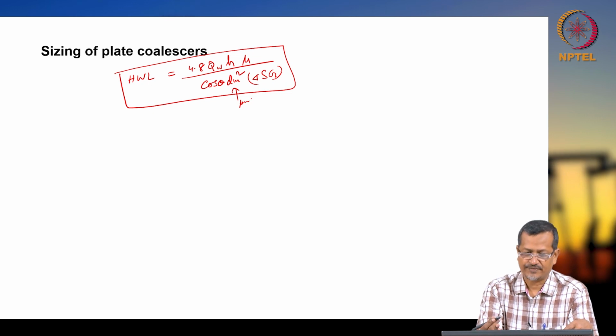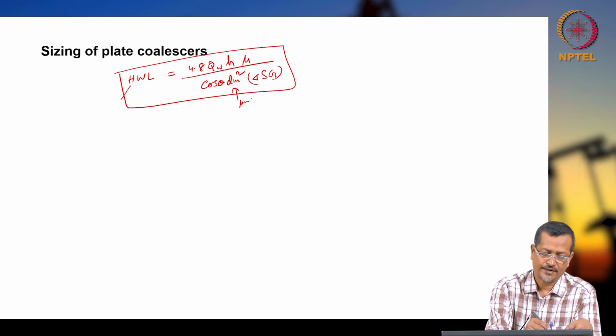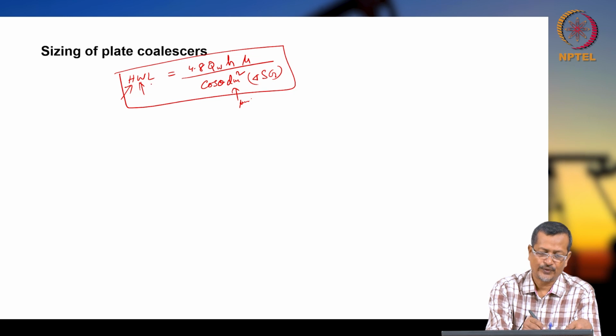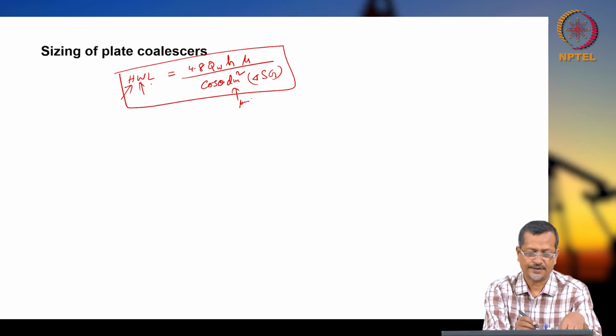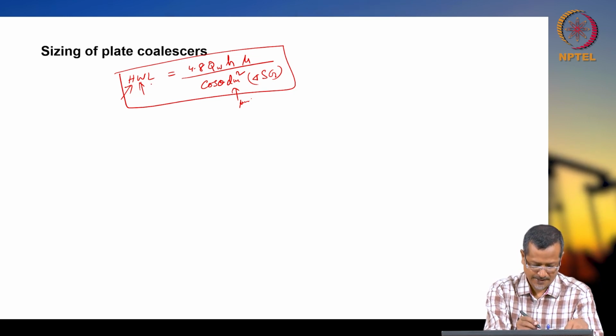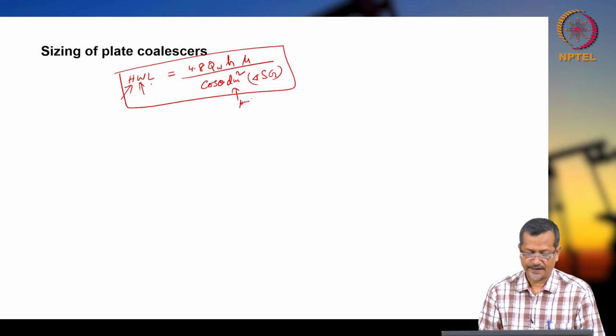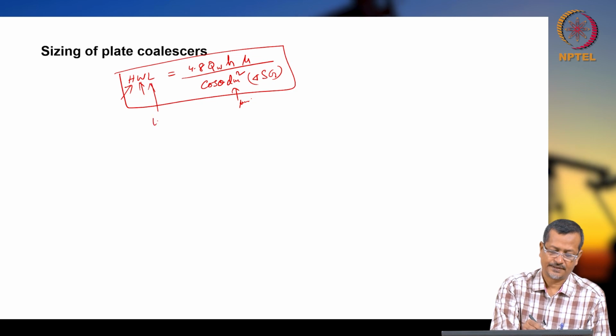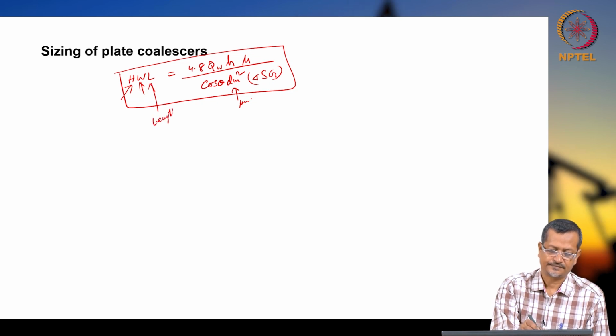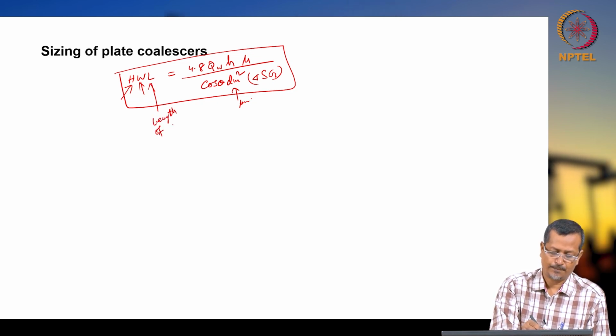Del H is the specific gravity difference. H is the water level height. W is the width of the separator system. L is the length of the plate section.